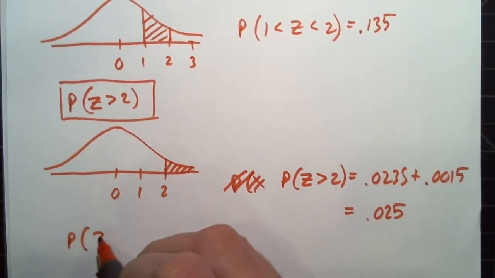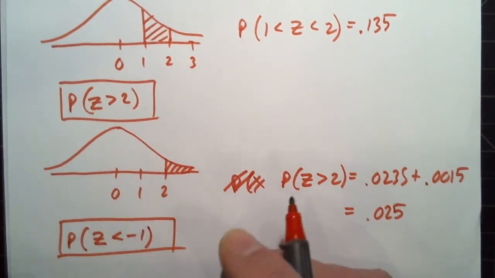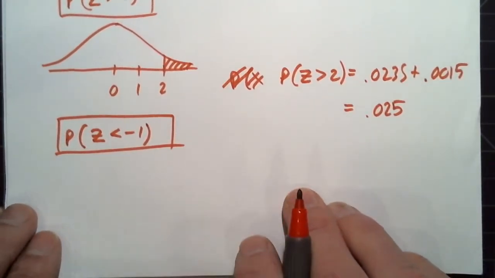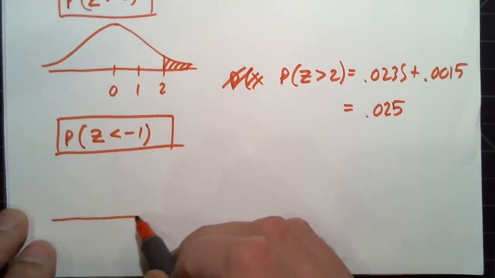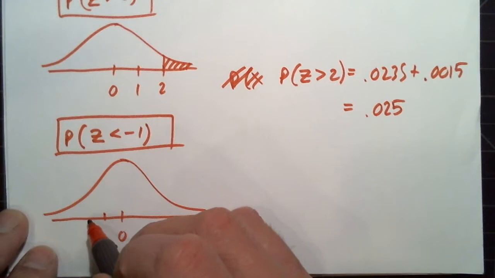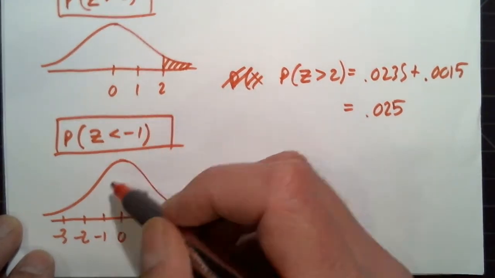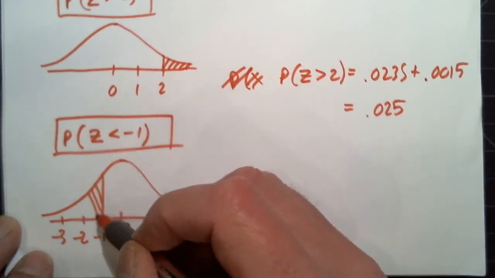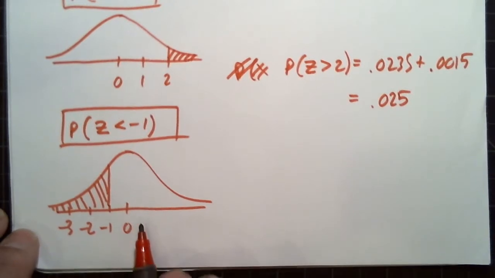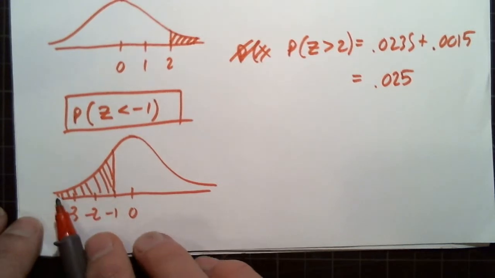And find the probability that z is less than -1. Pause the video and try that. Less than -1, so we want everything to the left. There are other ways to do it, but if we just look at the numbers that we found, we can just add up those three numbers.